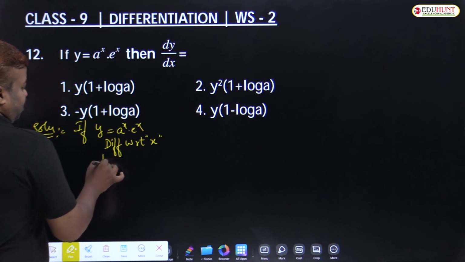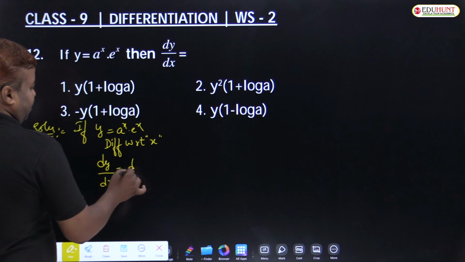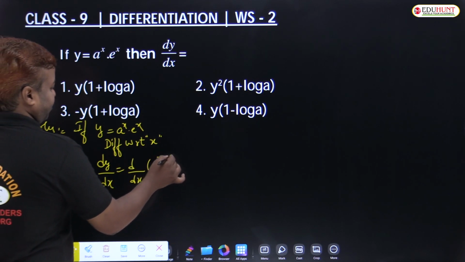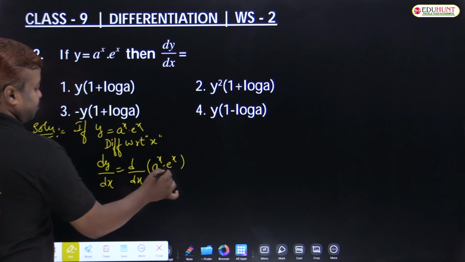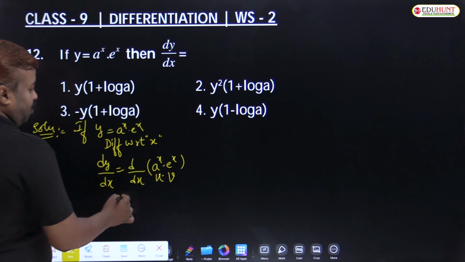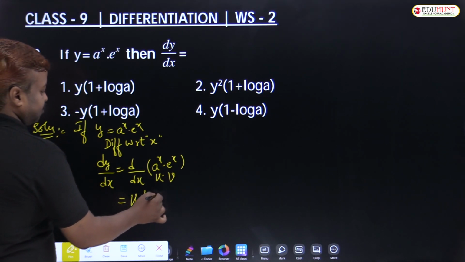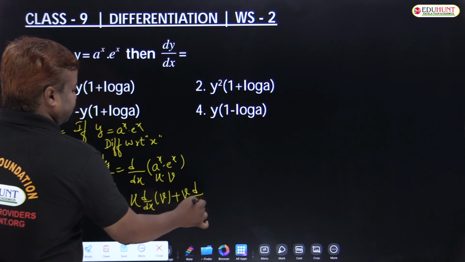So dy/dx is equal to d/dx of a^x into e^x, where one factor is u and the other is v. So u into d/dx of v plus v into d/dx of u.